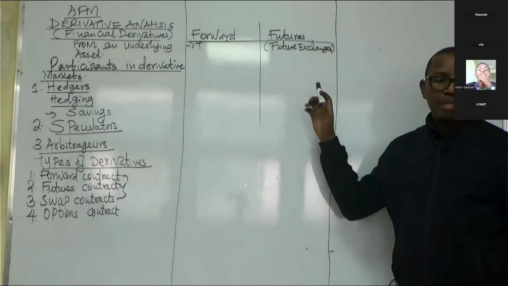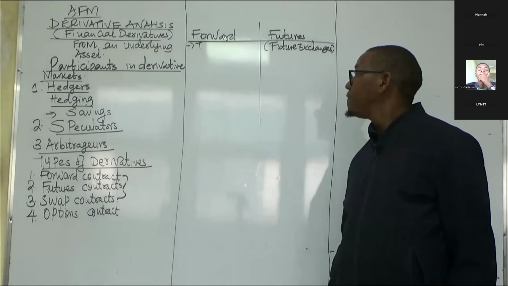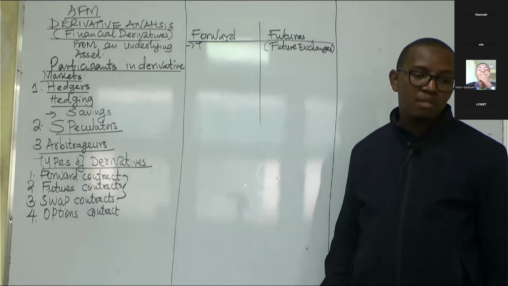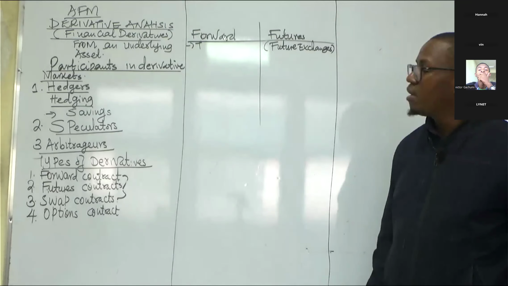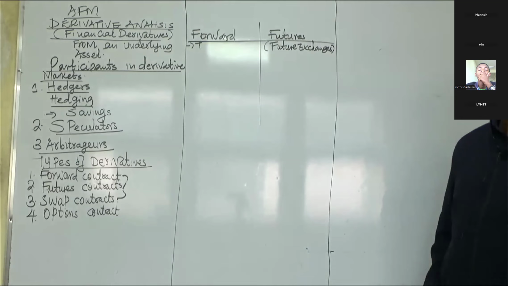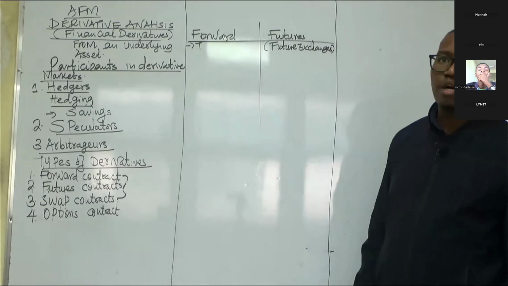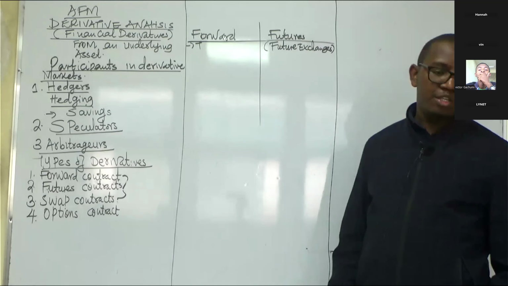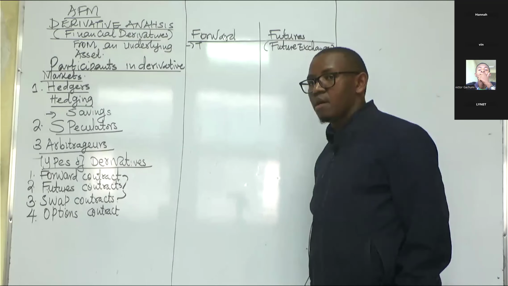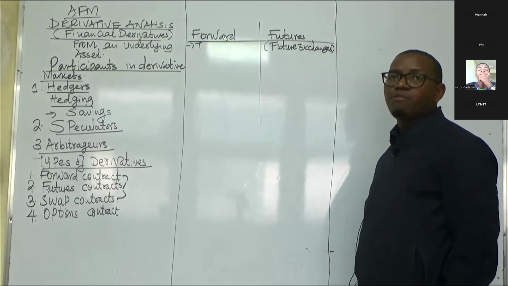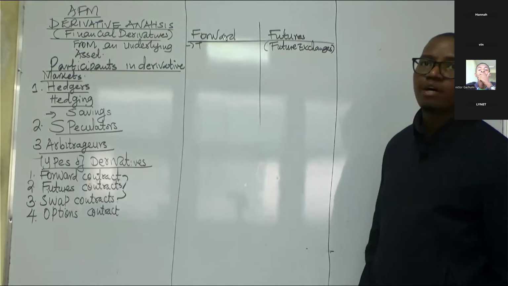The other one you say, for the forward, they are negotiated contracts. For the futures, you say they are standardized contracts. On the forward, you say there is no need of a third-party guarantor.